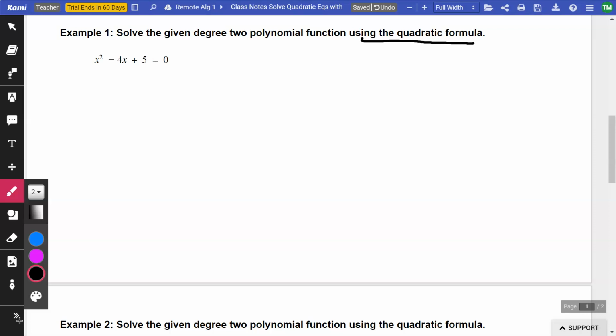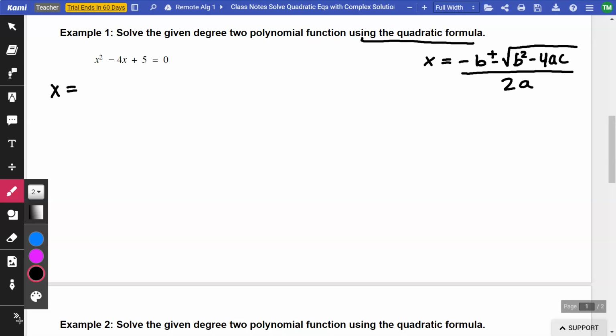So we have x squared minus 4x plus 5 equals 0. And let's just jump into the quadratic formula. So remember, the quadratic formula is x equals -b plus or minus the square root of b squared minus 4ac all over 2a.